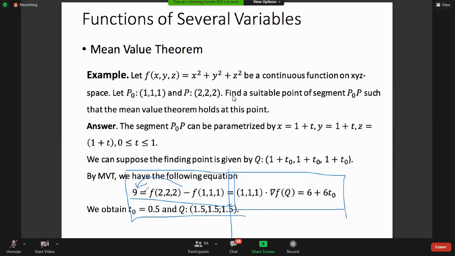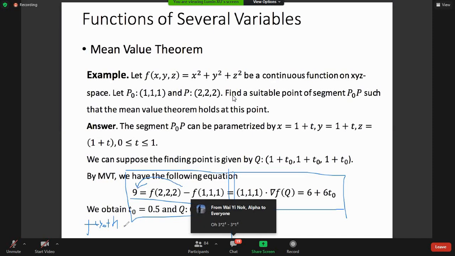So the left part should be, in fact, f(x0 plus h, y0 plus k, z0 plus l) minus f(x0, y0, z0), right?